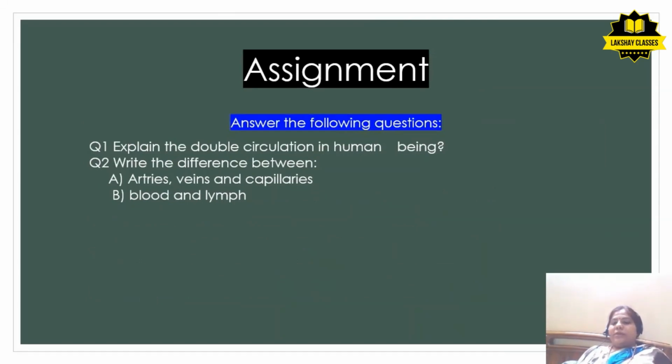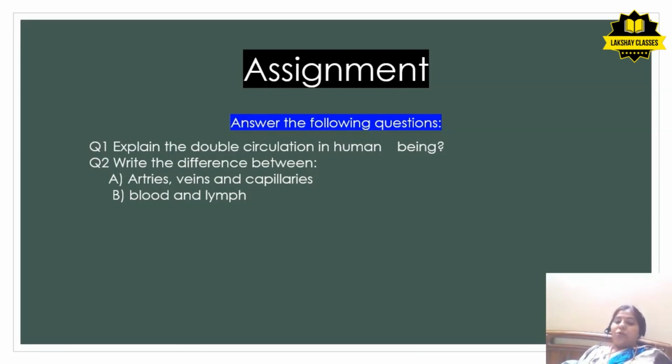So children, this is your home assignment: you will write down the difference between artery, vein and capillaries. You will also write down the difference between blood and lymph. And the most important question is that you will explain the double circulation in human beings with the help of a flowchart.